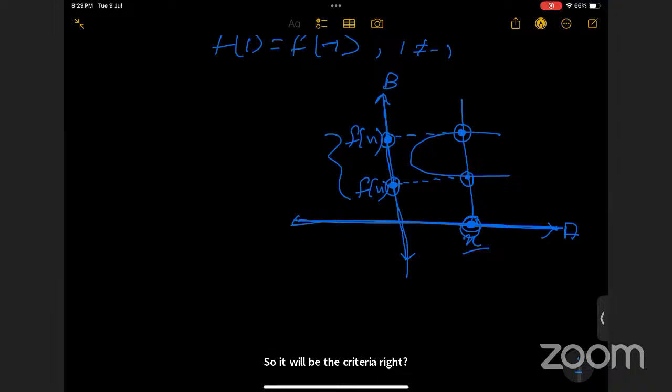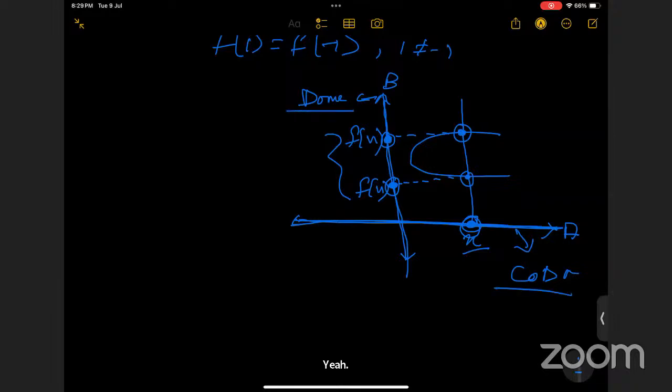Now suppose I make this as our domain, and this just as our codomain, reversing it. This is our domain now and this is our codomain now. Then the f(x) values are changing, and the x value is the same.